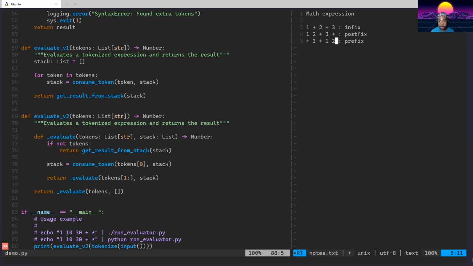That is the prefix notation. Now, reverse Polish notation, RPN, is synonymous with this postfix way of representing things. So this is the reverse Polish notation.